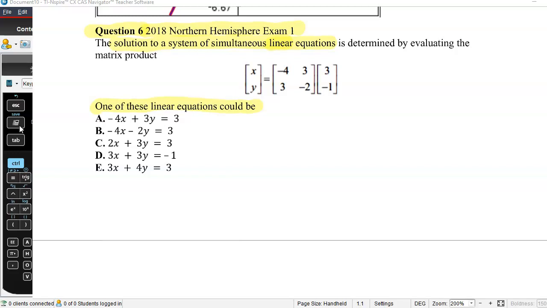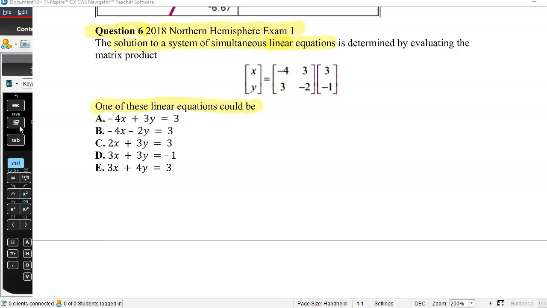Okay, so let's think about what the equations would have been. Now remembering that this is the inverse of whatever matrix it originally was. Okay, it's the inverse. This is the answers.